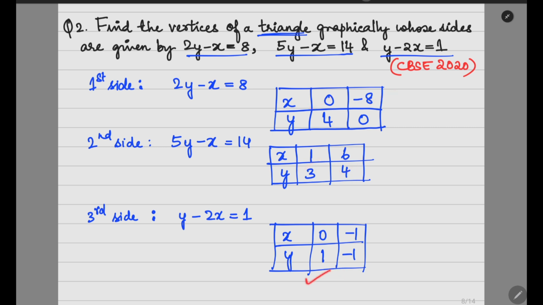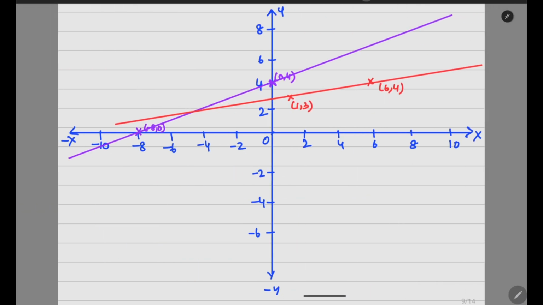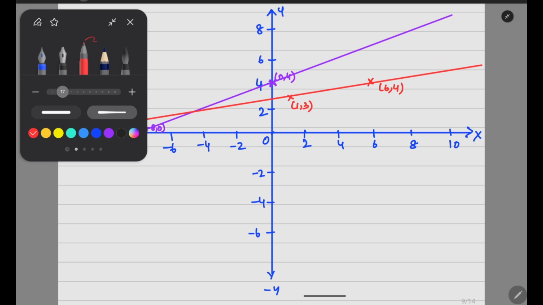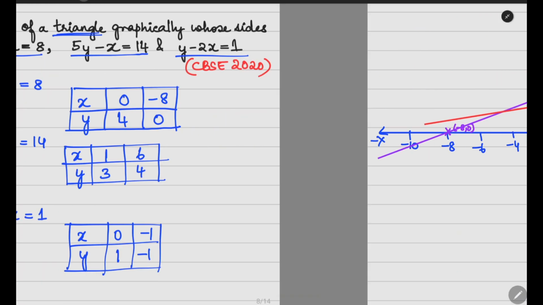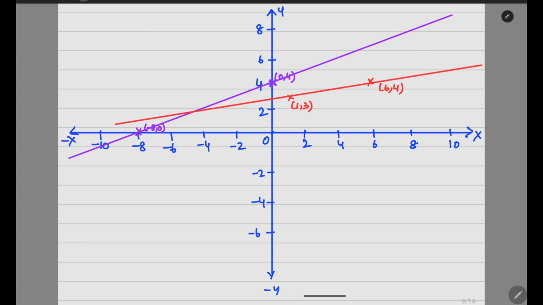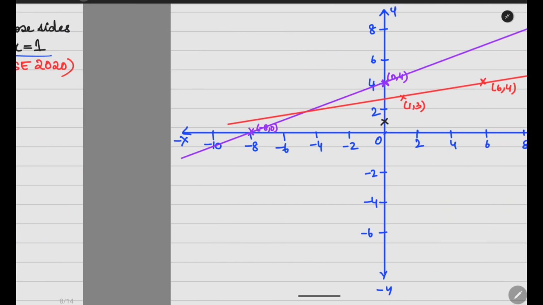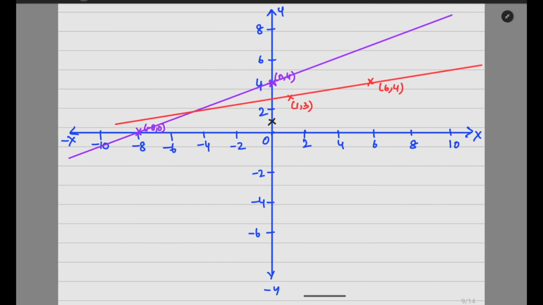Let's go to the last one. 0 comma 1. Let me take a different color, say black. Where is 0 comma 1? This one. 0 comma 1 is here. Minus 1 comma minus 1. Where is minus 1? Here. Minus 1 comma minus 1 is somewhere here. This is minus 1 comma minus 1 and this is nothing but 0 comma 1.